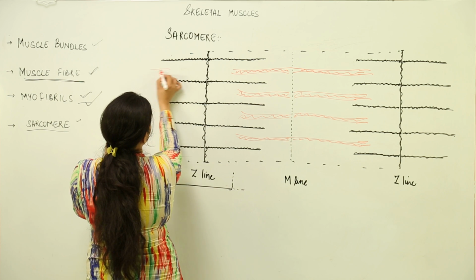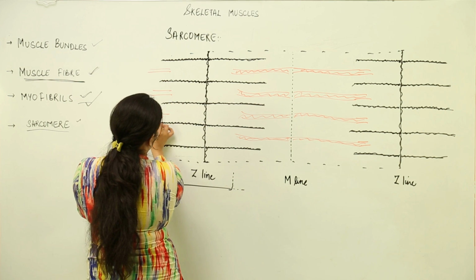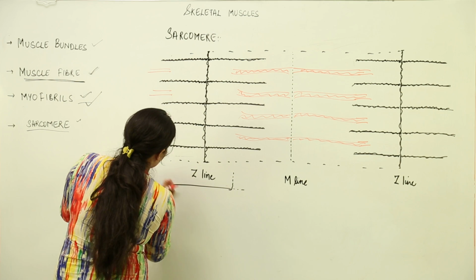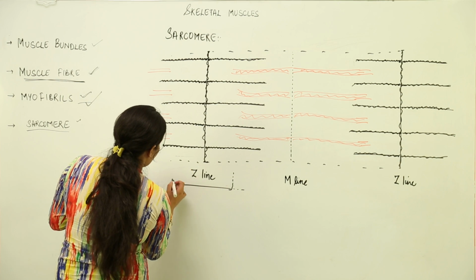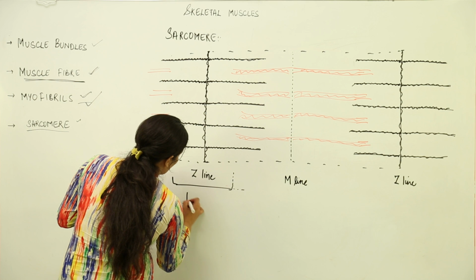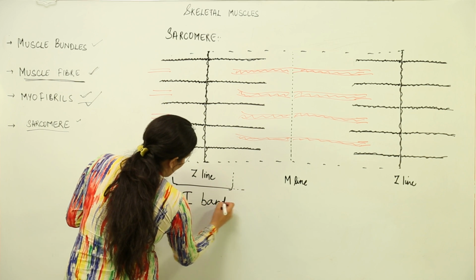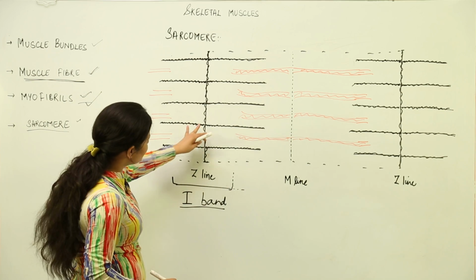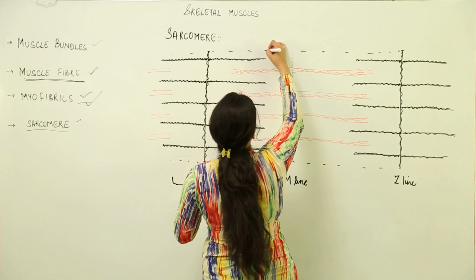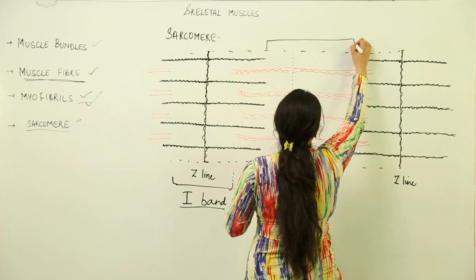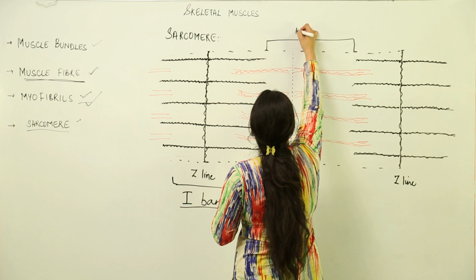See this, myosin would have come from the other side over here as well. So this particular zone where there is only actin is known as the I band. Okay, this is the I band. This happens to be the dark one, so this is the A band.